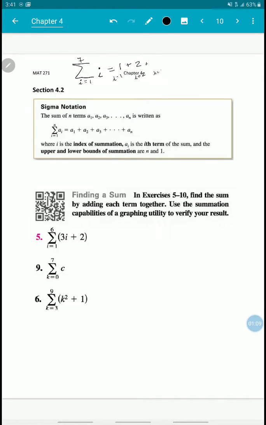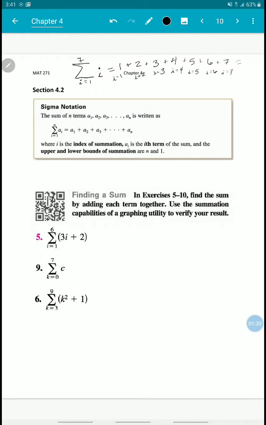When I is equal to 3, then we replace that with a 3. When I is equal to 4, then we're going to replace this with a 4. And then a 5 when I is equal to 5. A 6 when I is equal to 6. And then a 7 when I is equal to 7.